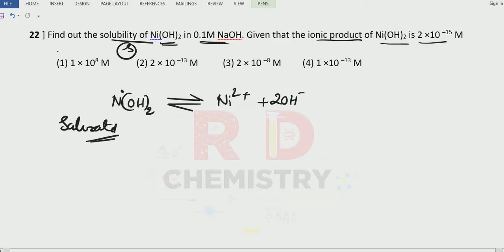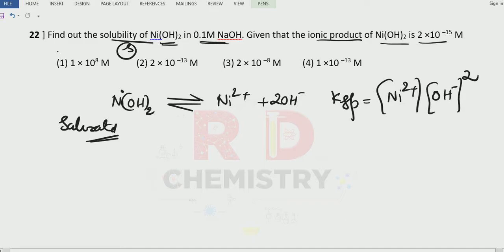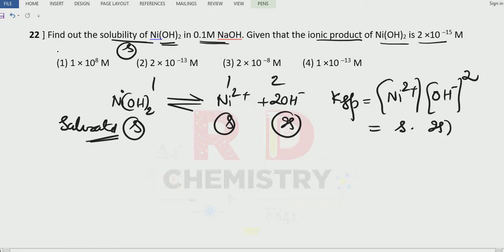If it is a pure saturated solution, we write Ksp is equal to nickel 2 plus concentration into the hydroxide concentration, cation into anion, and the number of moles is 2, so square it. Suppose S is the solubility, this is S mole and this will be 2S moles. That means 1:1:2 ratio. So I should write down S into 2S whole square.